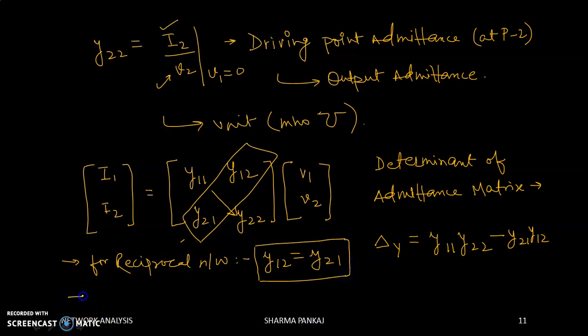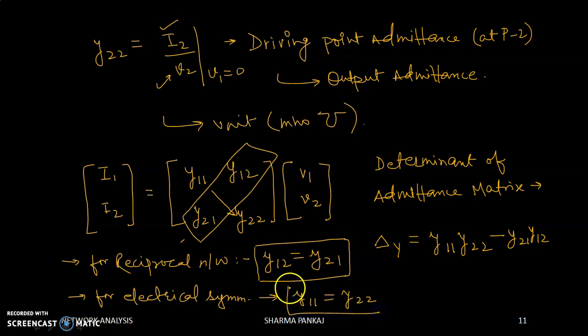And another one is the condition for electrical symmetry: y11 is equal to y22. This is the condition for electrical symmetry.